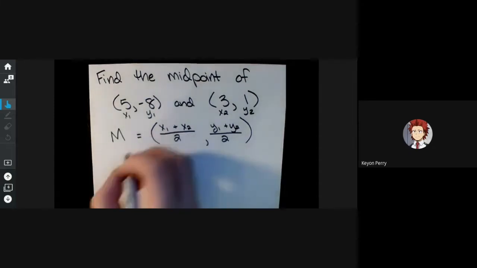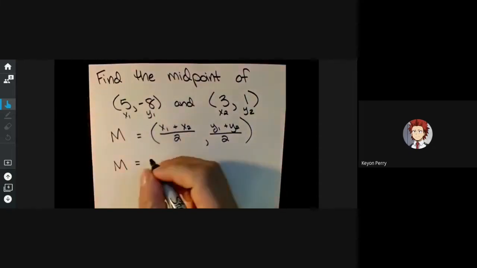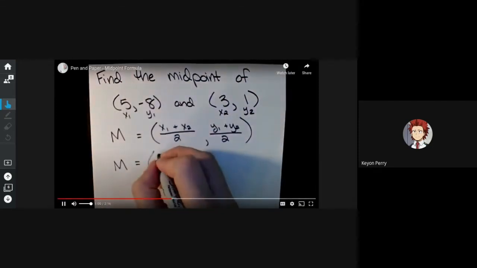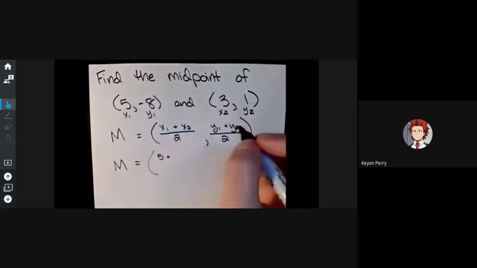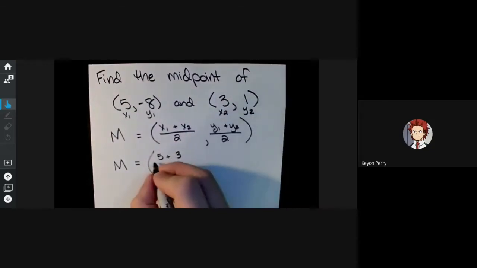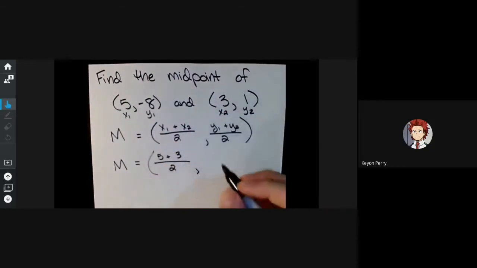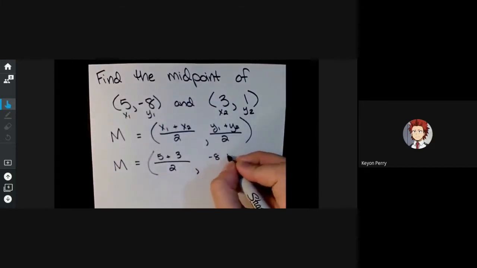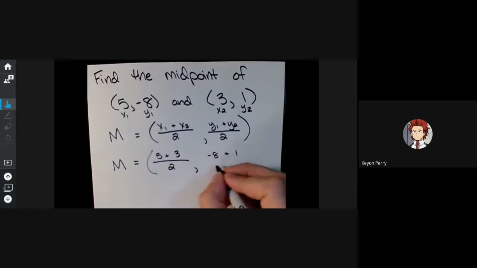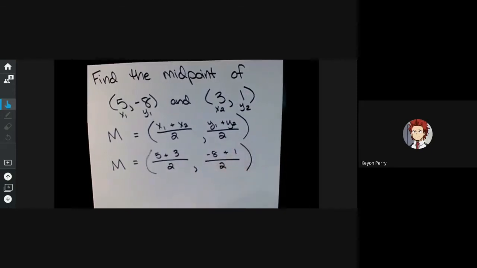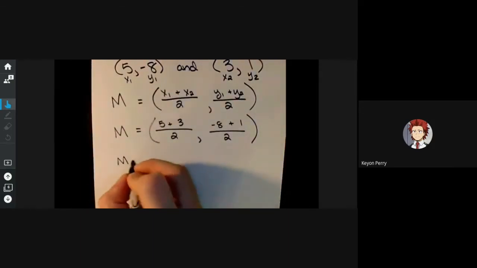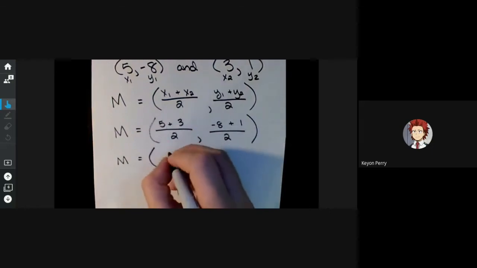So there's my midpoint formula. I'm just going to plug and chug. X sub 1 was 5. I'm going to add x sub 2, which is 3. All of that divided by 2. Y sub 1, which is -8, and I'm going to add y sub 2, which is 1. All of that divided by 2. Add numbers in the numerator. 5 plus 3 is 8.